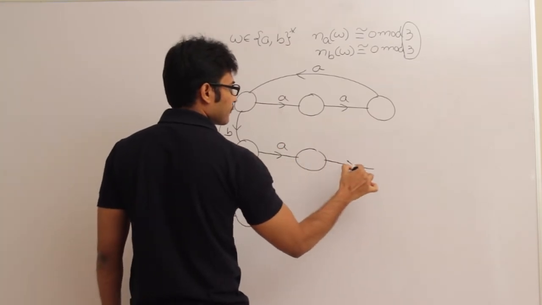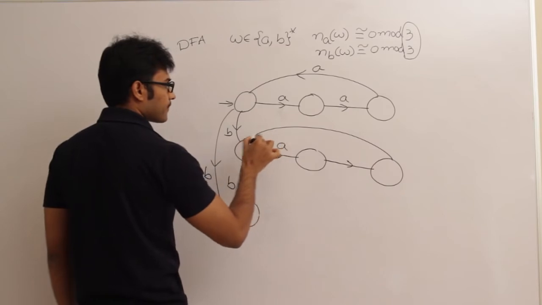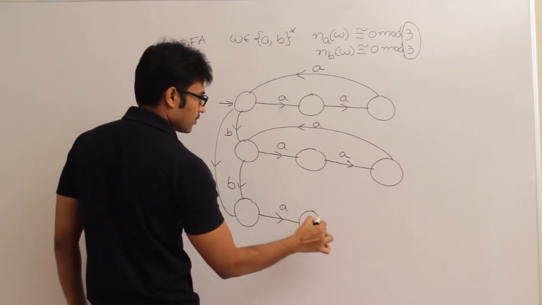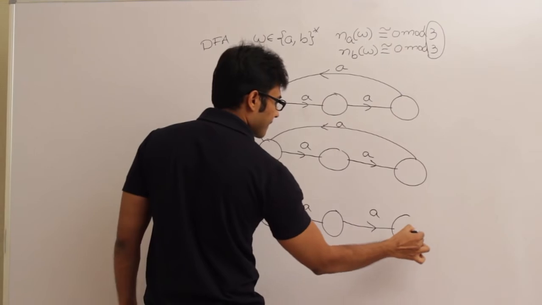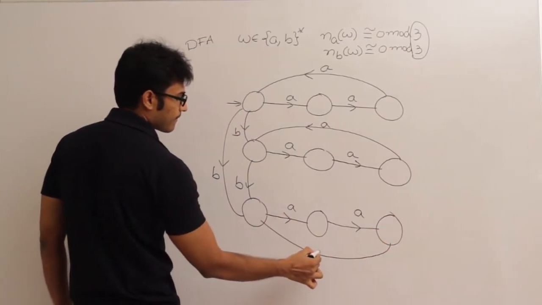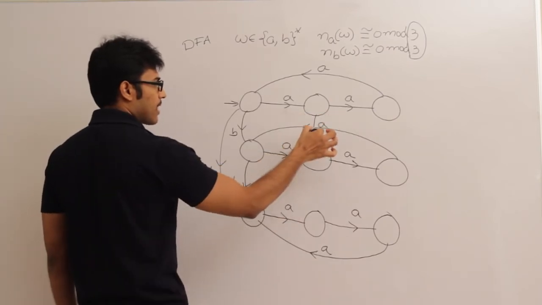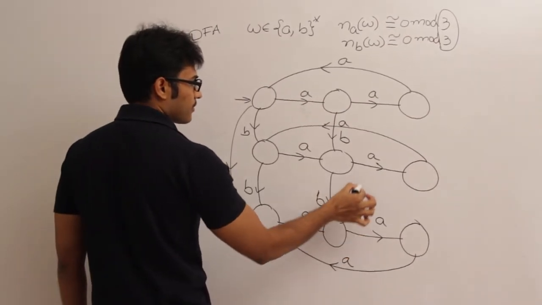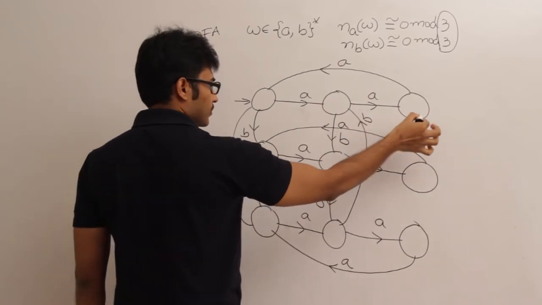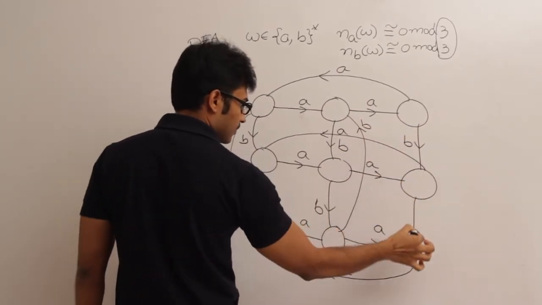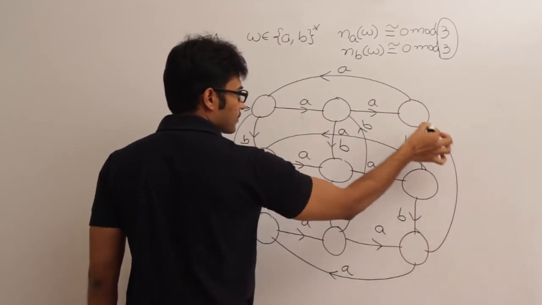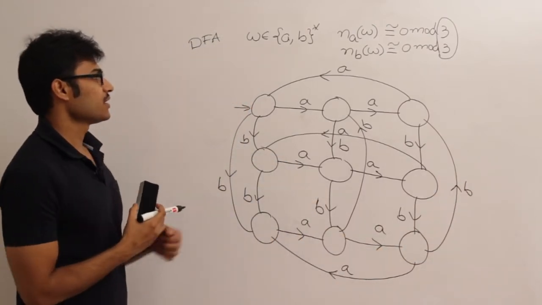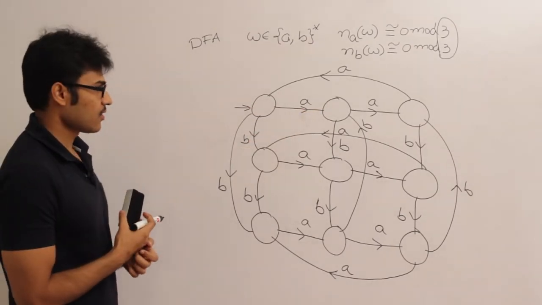Again A counter, mod 3 counter for A, and again B. So now you see, horizontally we have counted the number of A's and vertically we have counted the number of B's.